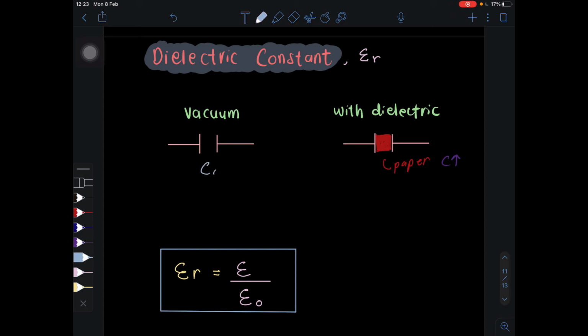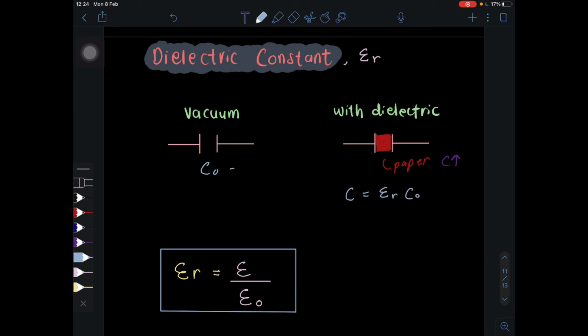So here is C naught. C naught is the capacitance when no dielectric is placed. When a dielectric is placed, the capacitance will increase, which means the capacitance now becomes epsilon R, the dielectric constant, times C naught, the initial capacitance.